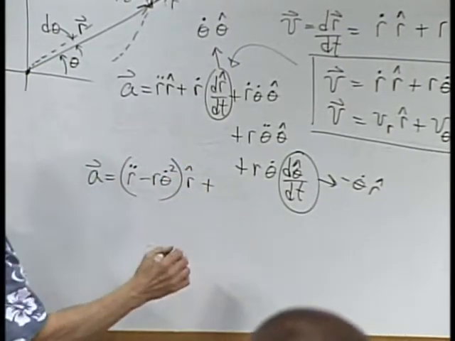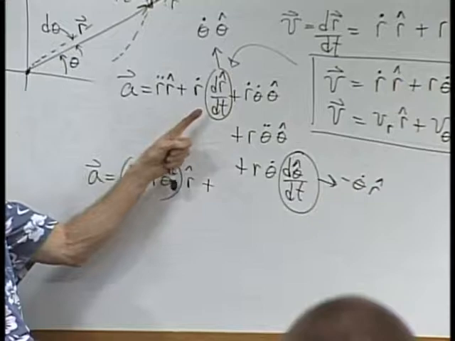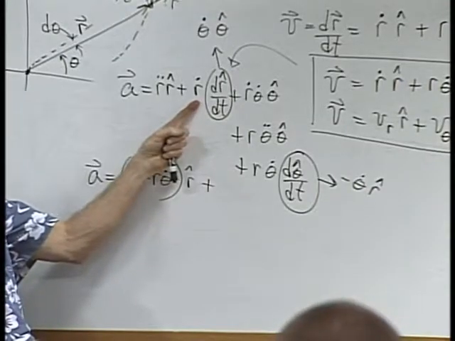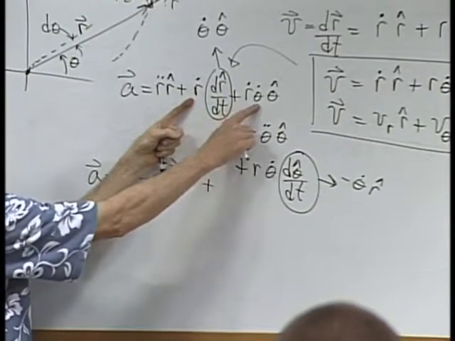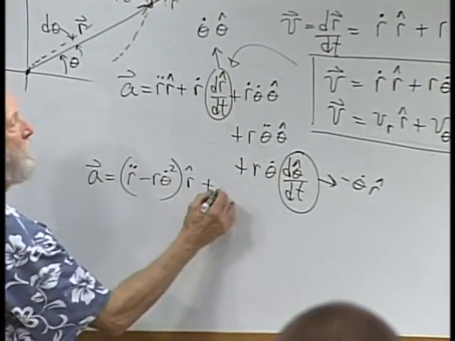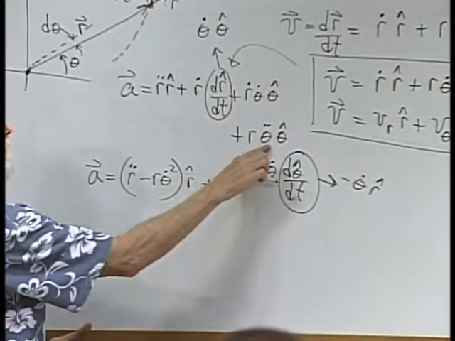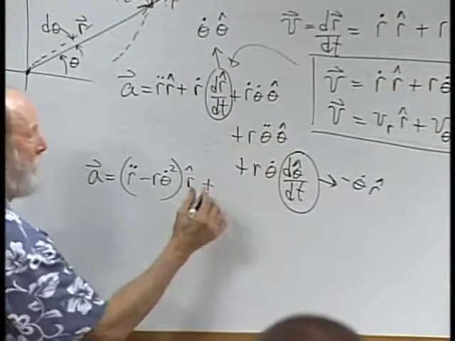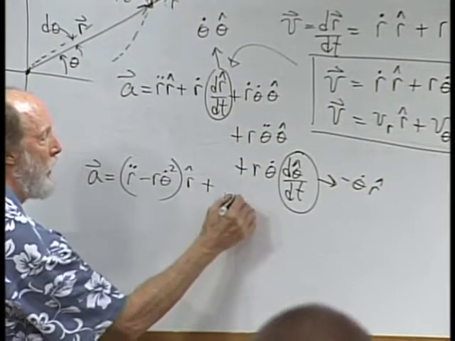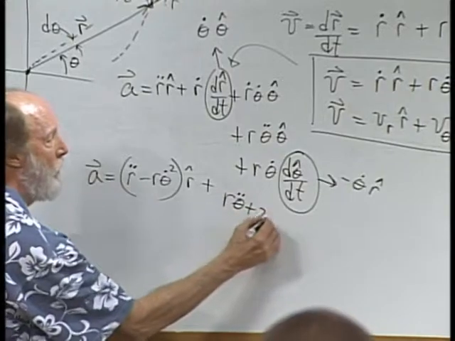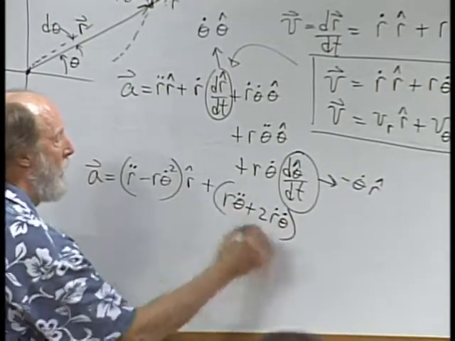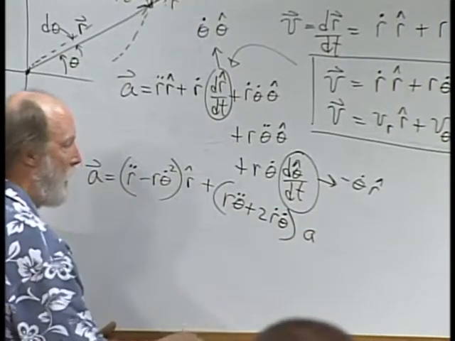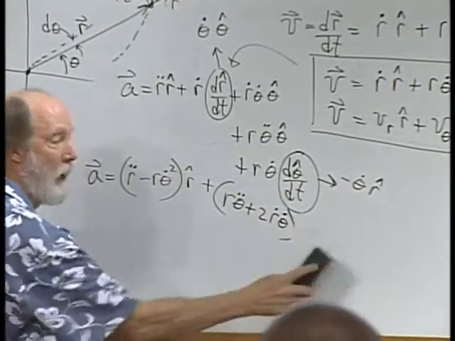For the theta directed terms, we have an r dot theta hat, and another r dot theta hat. That's two of them. And then we also have r theta double dot. So we get r theta double dot plus 2 r dot theta dot, and that is our theta directed component.